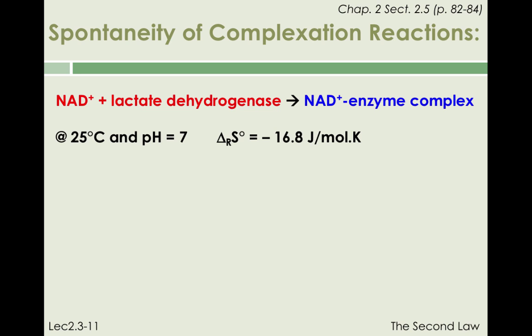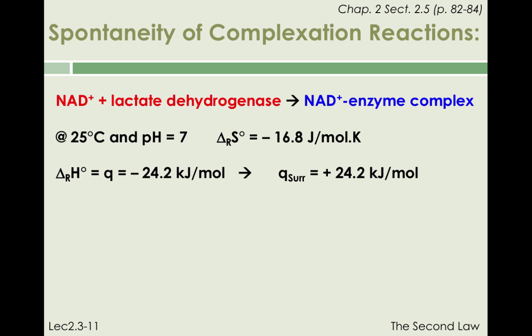The entropy change is negative, as should be, because these two chemical units form some kind of a bond that reduces their relative freedom of motion. For this process, the standard enthalpy change is equal to minus 24.2 kilojoules per mole. Also negative as expected because specific bonding between the enzyme and the NAD+ moiety is formed.